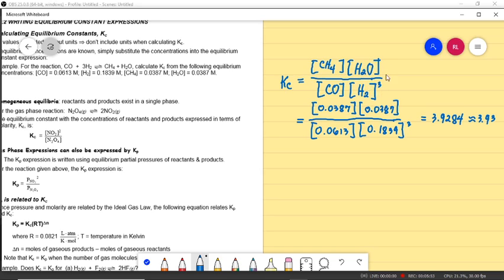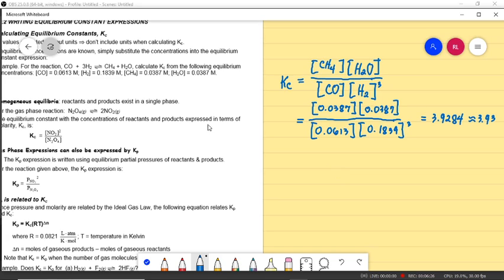So kung iba-iba ang exponent natin, then it is really possible that we will have different units for the equilibrium constant. But even if that is the case, what is more important is not the unit but the magnitude of the equilibrium, meaning the value of the equilibrium constant.